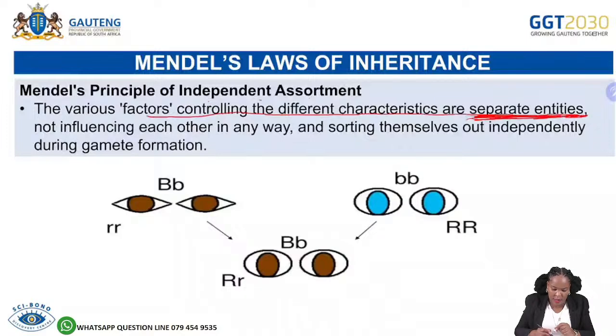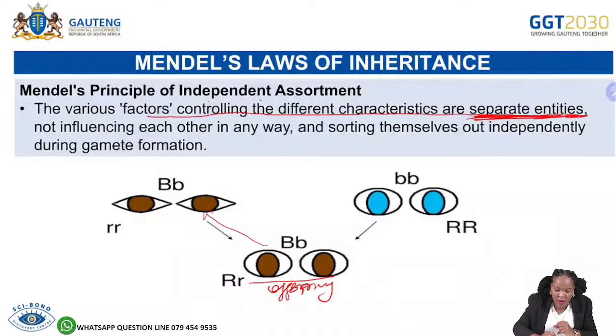You can take a look at this example that we have here. You see this offspring here? The offspring has inherited the brown eyes which were dominant in this parent, but not the oval shape of the eye. The oval shape of the eye, they inherited from this second parent who had blue eyes, which were recessive, but the shape of the eyes was dominant.